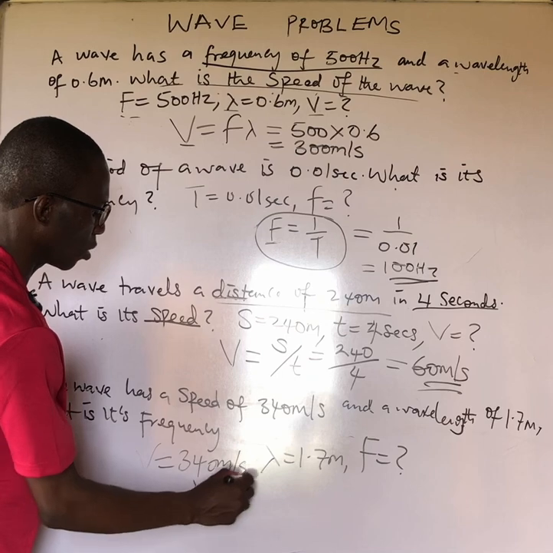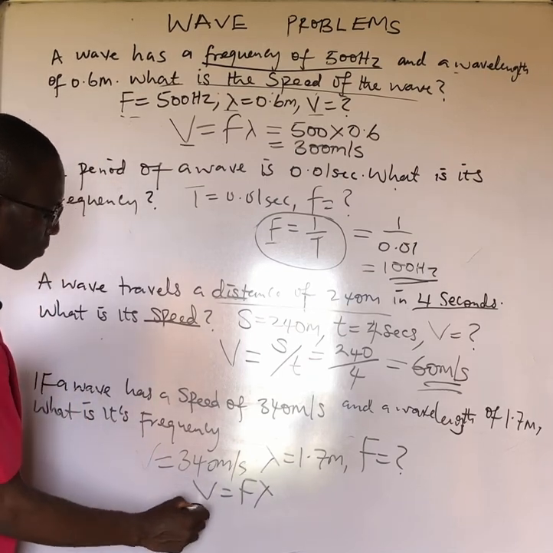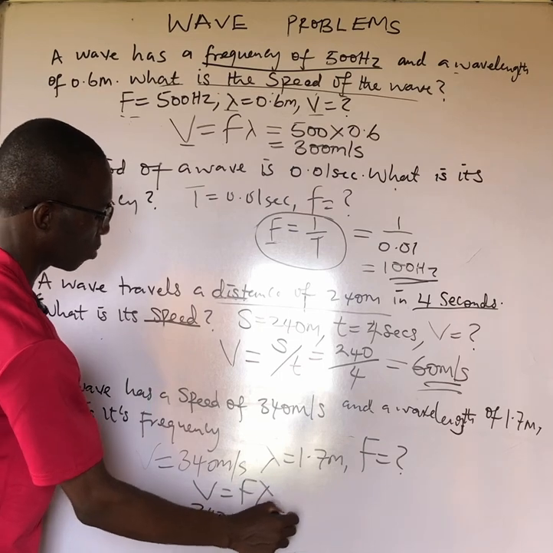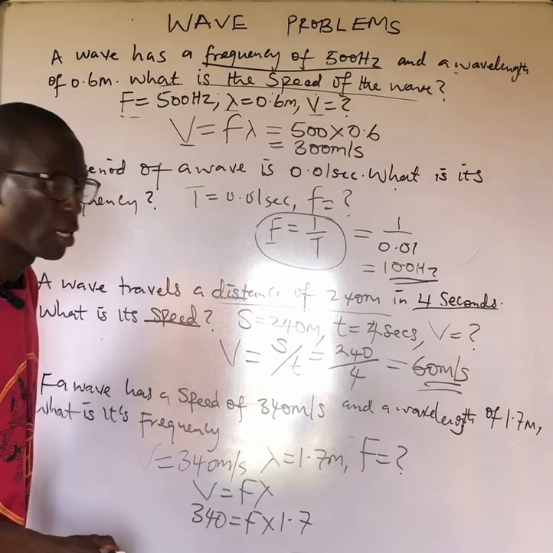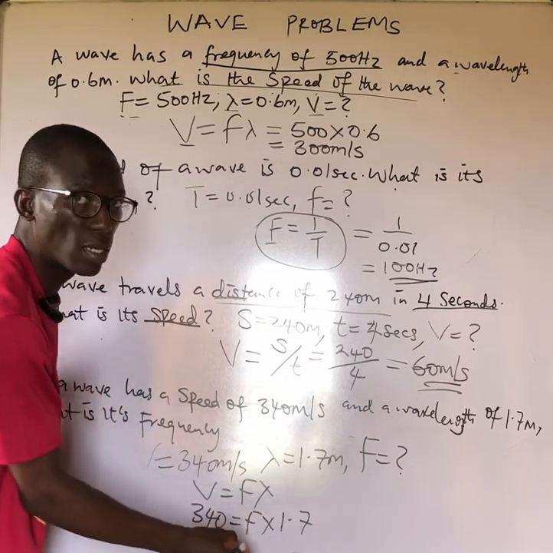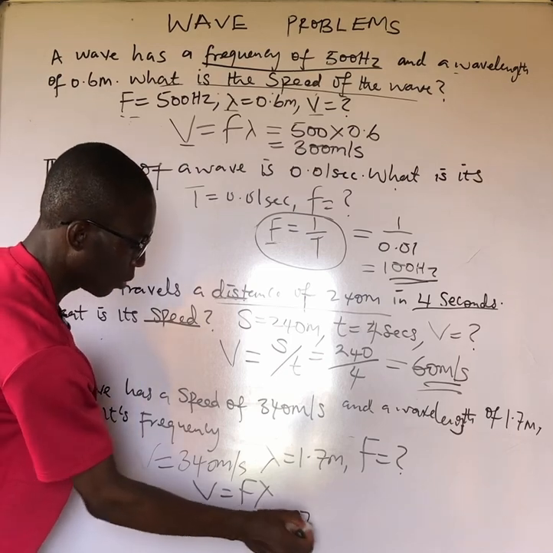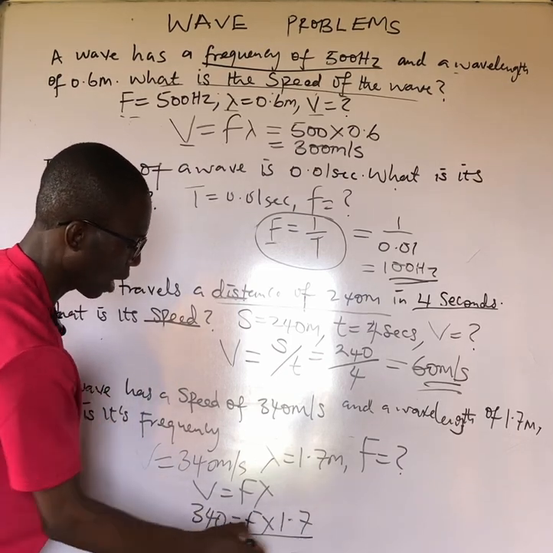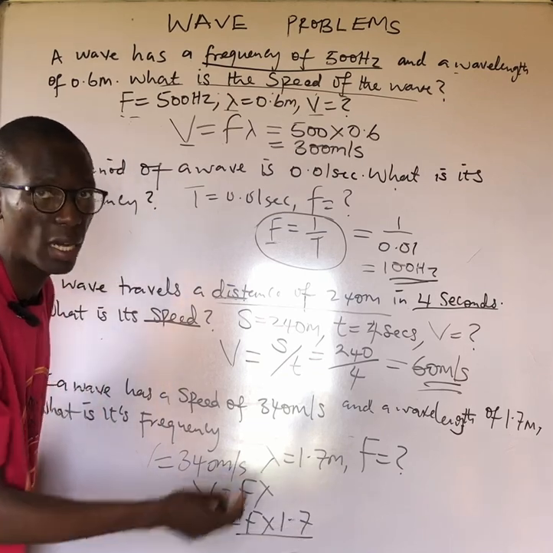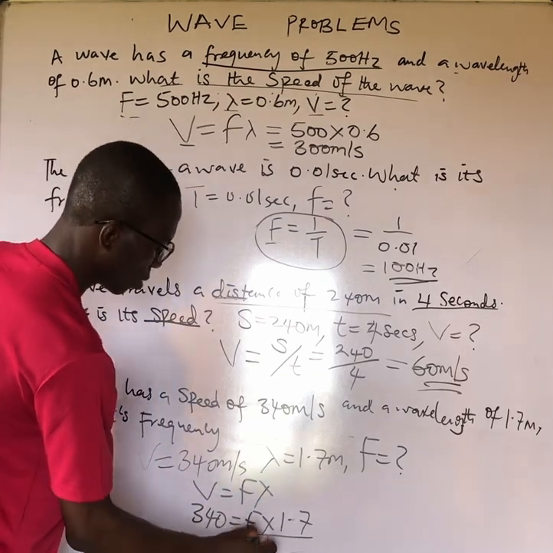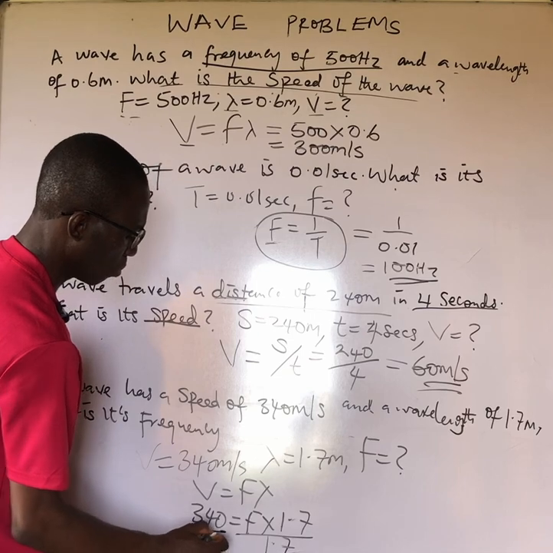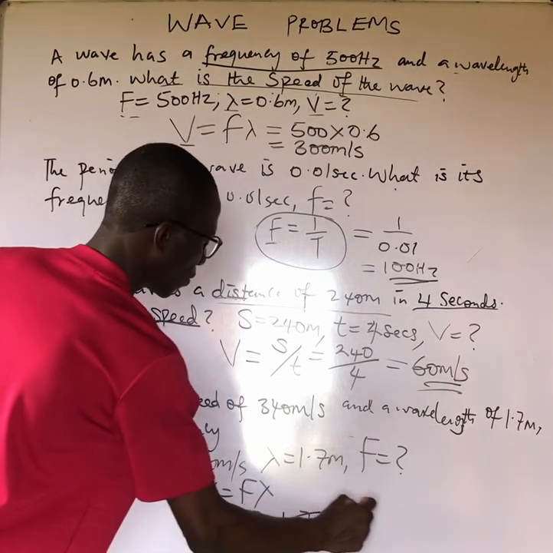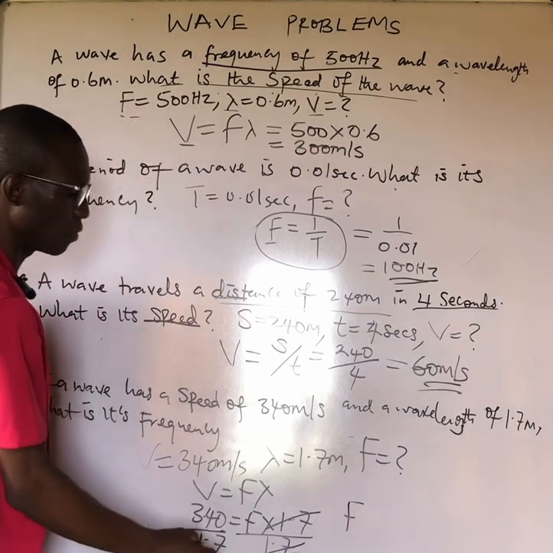We have v = fλ. What's your v? 340. What's your frequency? Unknown. What's your lambda? 1.7. But we're not looking for 1.7f, we are looking for f. So I have to remove this 1.7 by dividing both sides by 1.7. So 1.7 cancels out itself, and I'll then have f equals this divided by this.